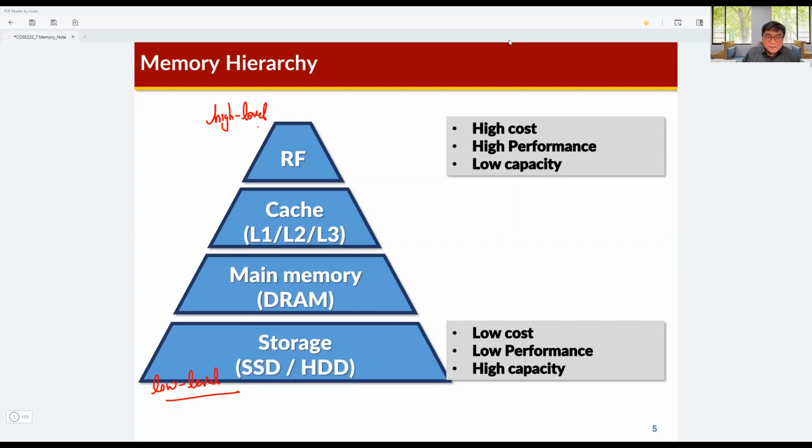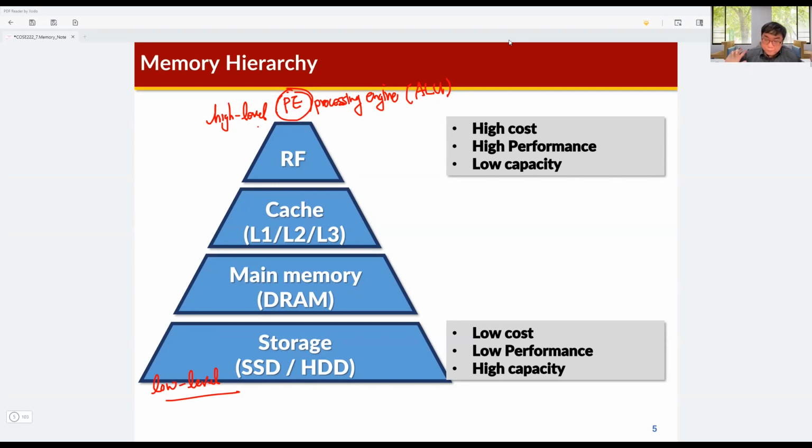In our computer systems, the processing engine, like the ALU, is here.